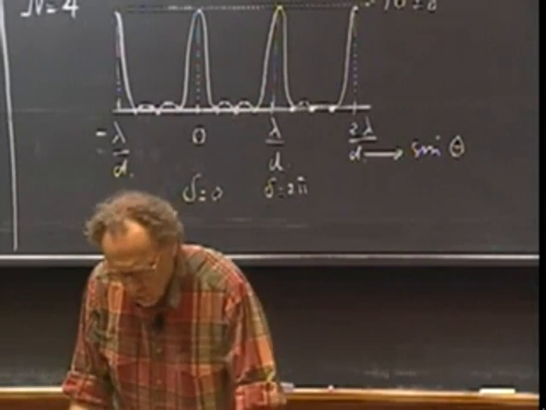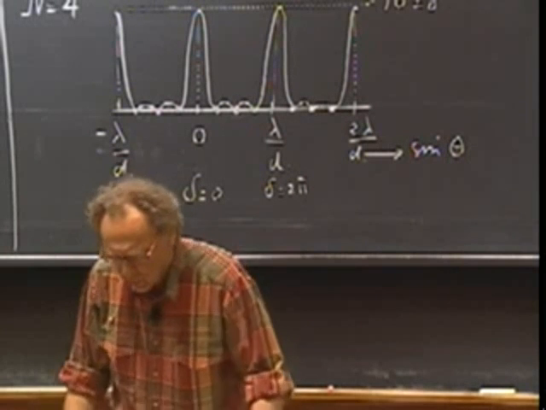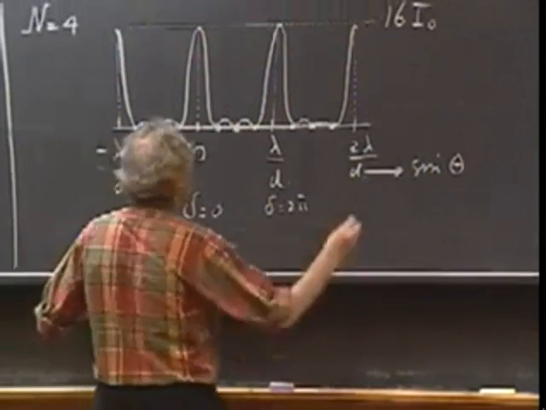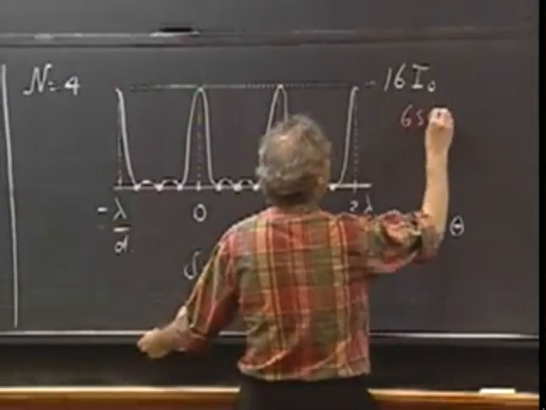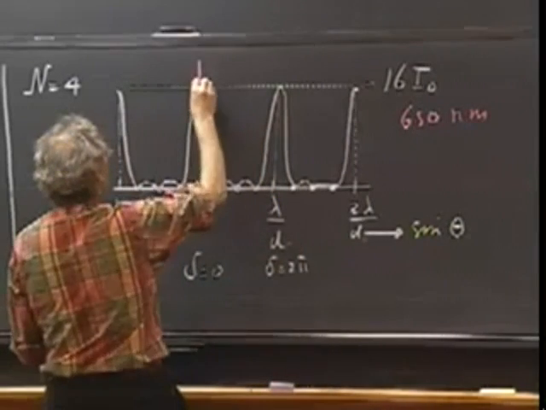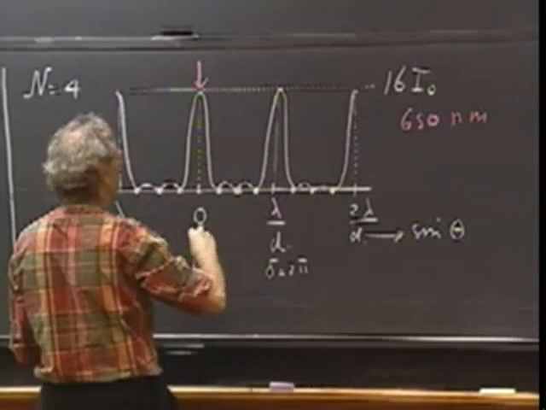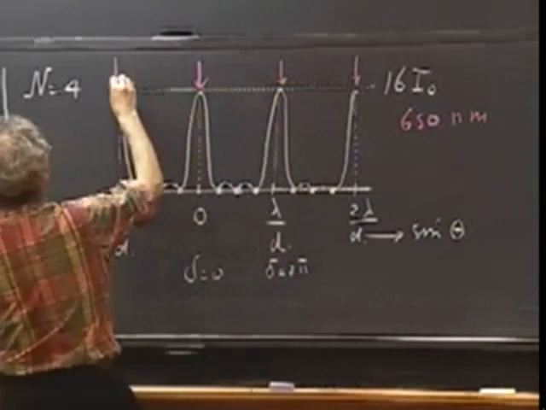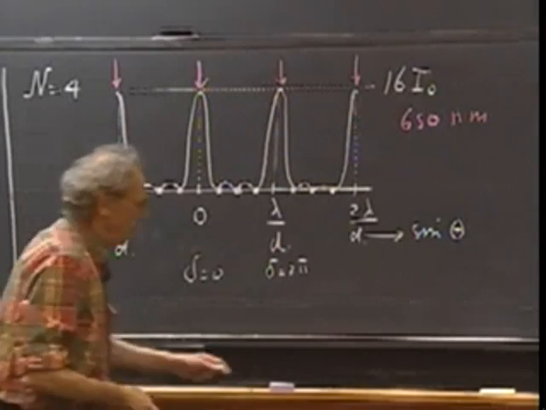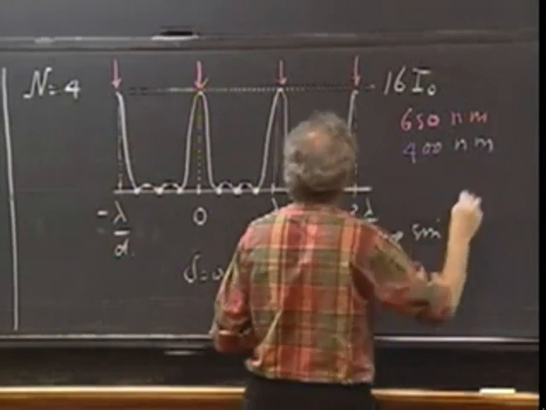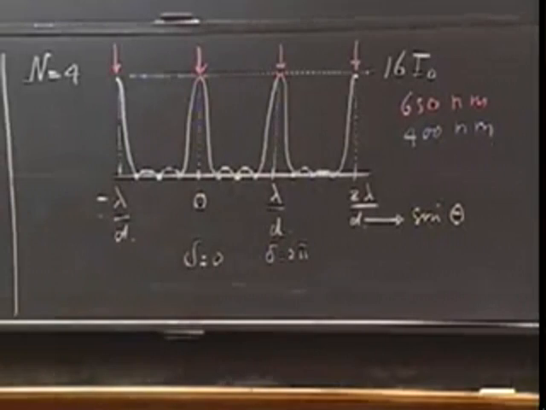I first want to draw your attention to the fact that there is a wavelength dependence, lambda. And what that means is that if you take 650 nanometers, which is red, the red would have a maximum here, the red would have a maximum here, the red would have a maximum here, and the red would have a maximum there. But if now you have 400 nanometers, which is violet light, it would have a maximum at different locations.